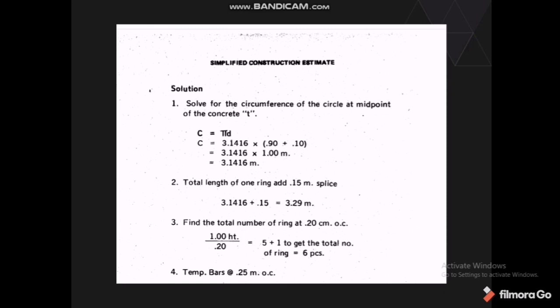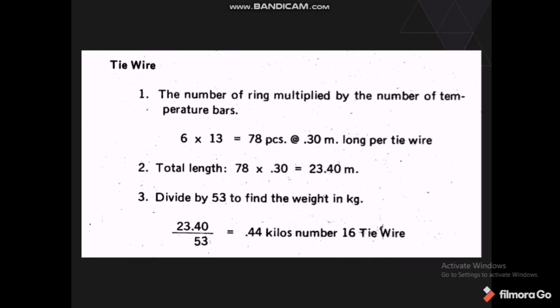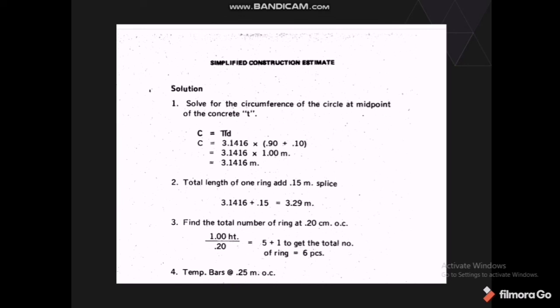Then for the fourth one, temperature bars at 0.25 meter OC. The temperature bars is equal to 3.1416 over 0.25 equals 12.56, that is 13 pieces at 1.00.